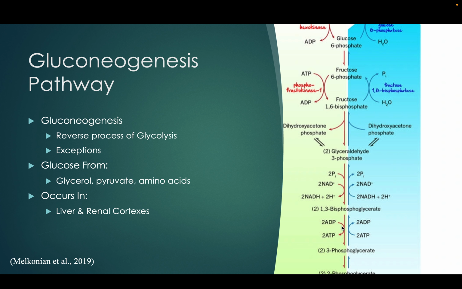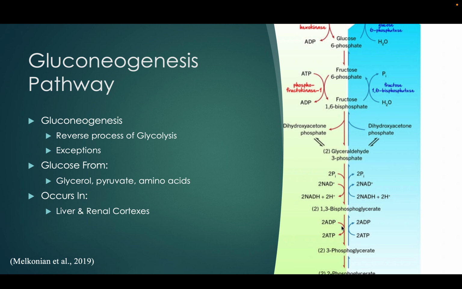The gluconeogenesis pathway. Gluconeogenesis is essentially the reverse process of glycolysis. However, there are a few steps that are different. When prolonged fasting or vigorous physical activity occur, glycogen stores can be depleted. The body then has to find another source of fuel. In the process of gluconeogenesis, the body is able to create glucose from other molecules.